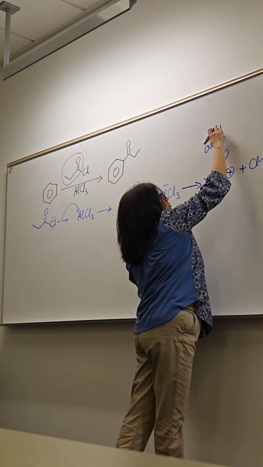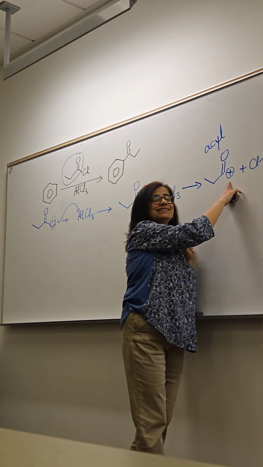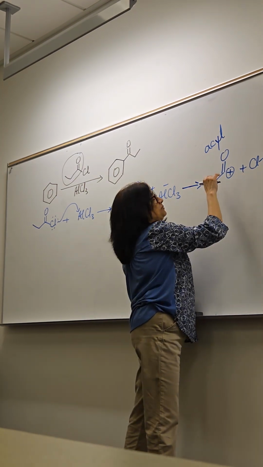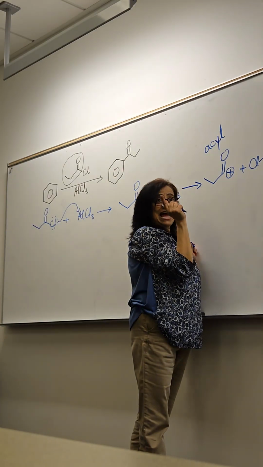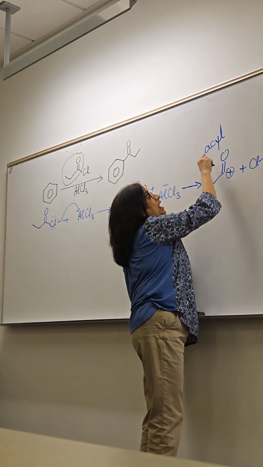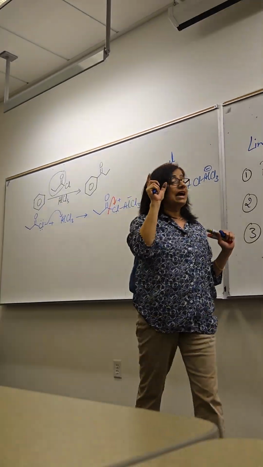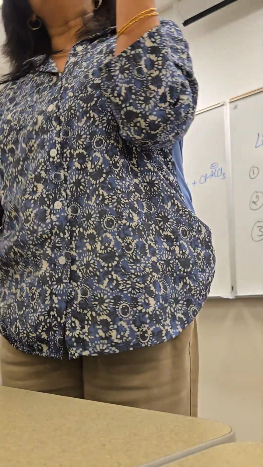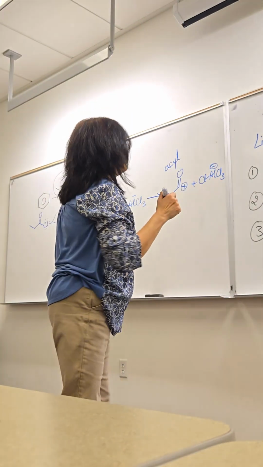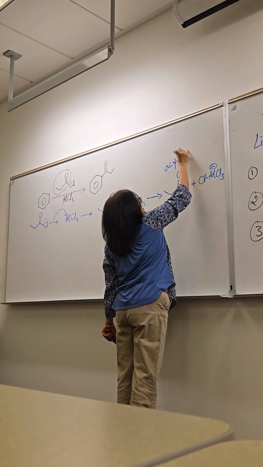Acyl anion? Well, it's not an anion. What's the ending all cations have? Think about, and this is not organic, this is in general. Oh, yeah. Exactly. This is acylium.